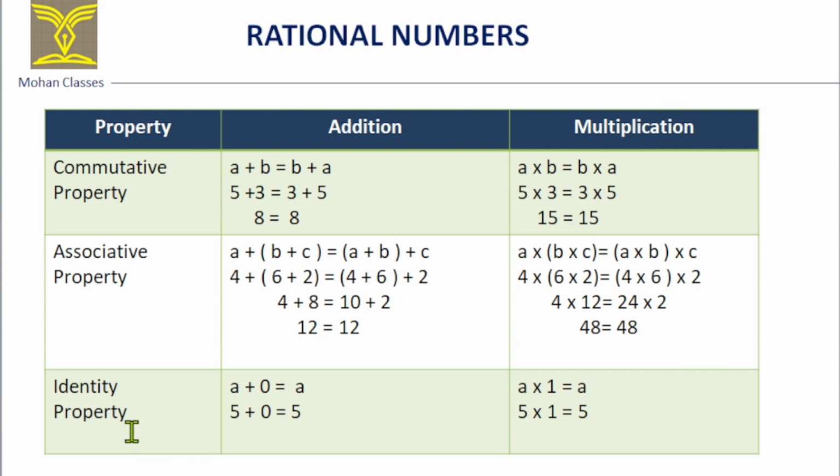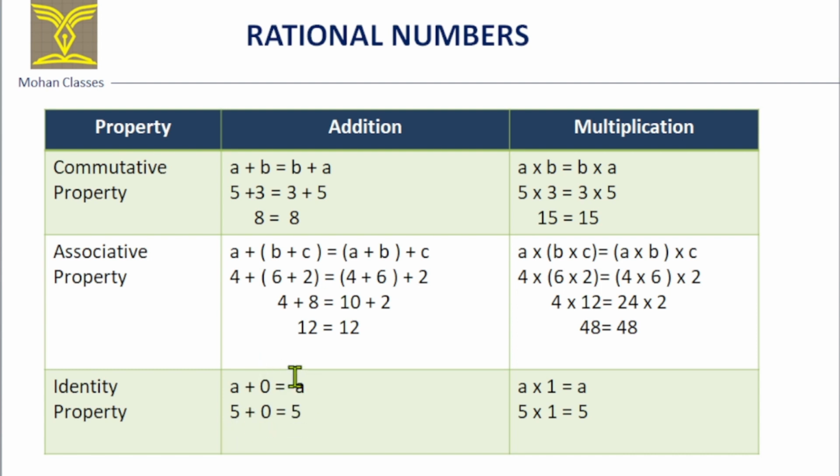Then identity property. Identity property means whatever the rational number you are having, the same rational number should come if you use the identity of addition. So A plus 0 is equal to A. Similarly, 5 plus 0 is equal to 5.